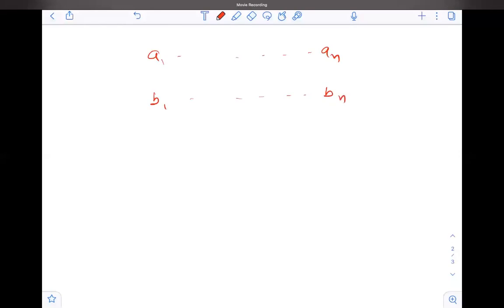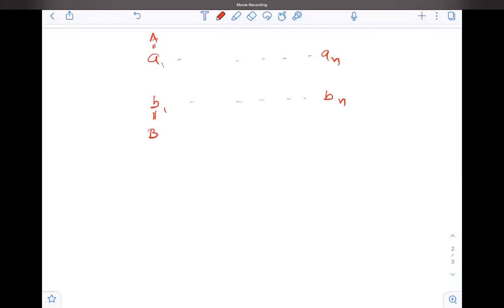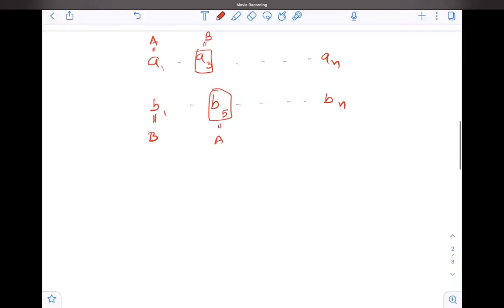Let's say A1 equals A and B1 equals B. You find out which place, say B5, is the first time this equals A, and A3 is the first time this equals B. And you are saying that in that case, I would now try to find the common sequence between this string and that string.